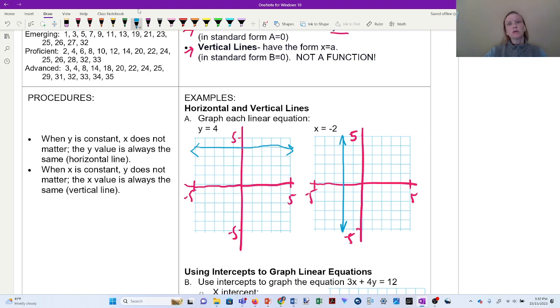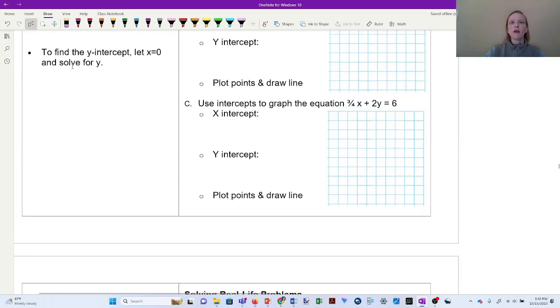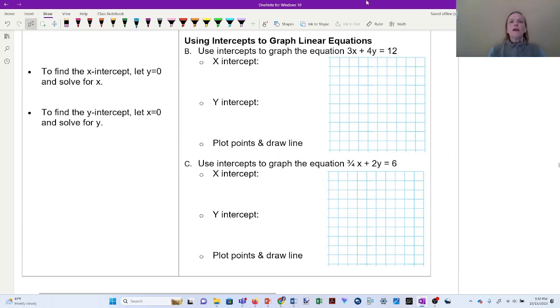Let's do some equations in the more traditional standard form where neither a nor b is 0. If you're given an equation like this one, 3x plus 4y equals 12, it is in standard form.